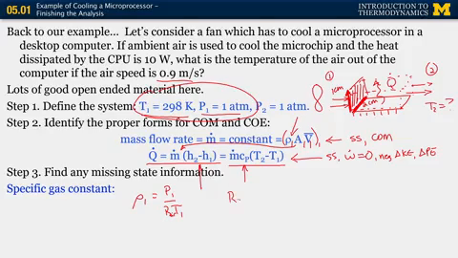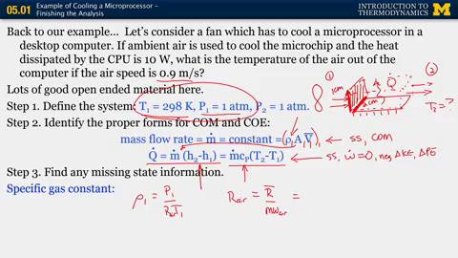The specific gas constant is related to the universal gas constant through the molecular weight of air. So your task was to go find the molecular weight of air and calculate the specific gas constant for air, which requires that you know the universal gas constant and the molecular weight of air. The universal gas constant has many, many units, and you just have to pick whatever set of units is appropriate for your system.